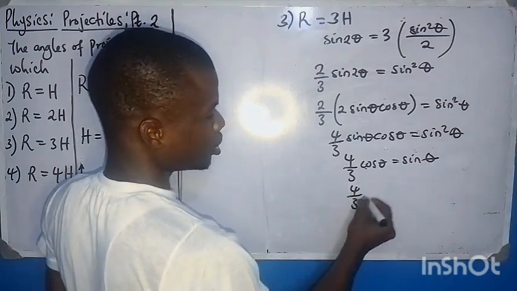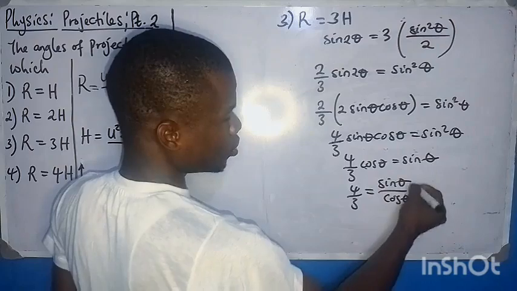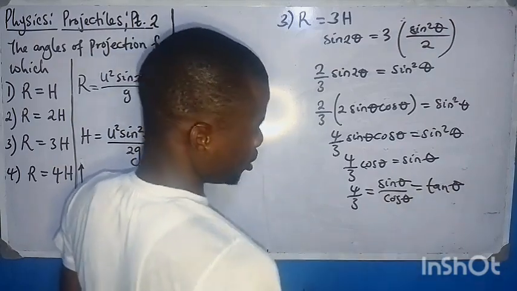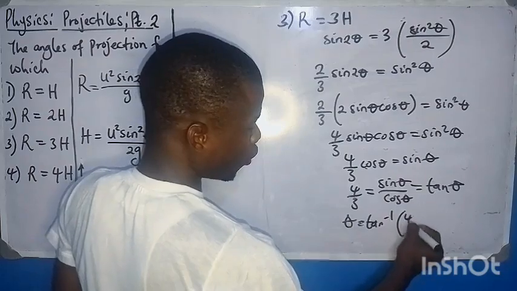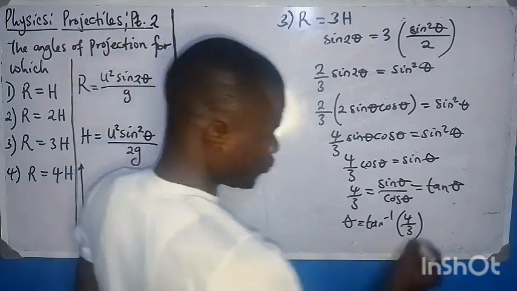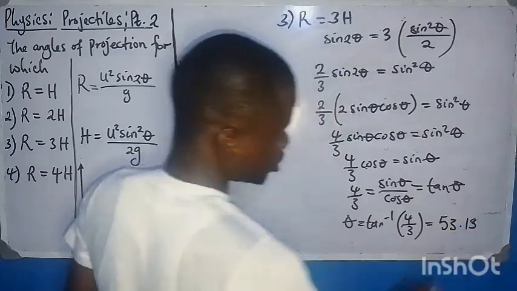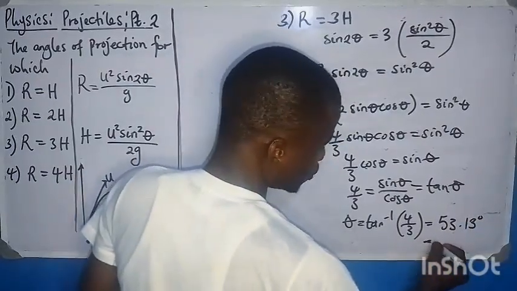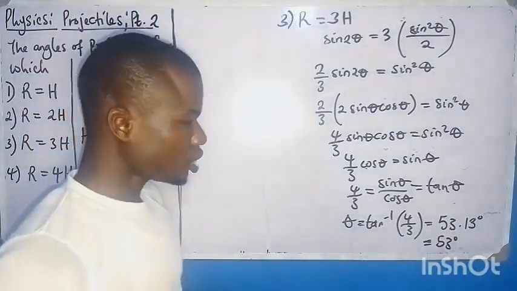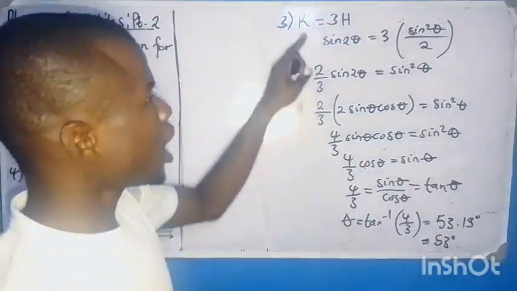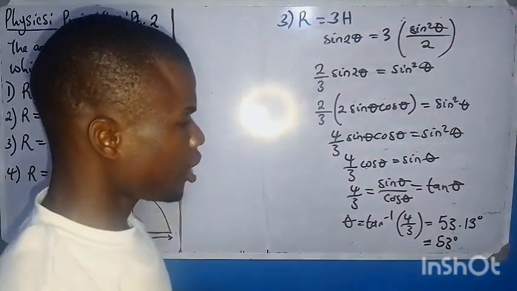And 4 over 3 is equal to sine theta divided by cosine theta, which will give us tan theta. And from here, theta now becomes tan inverse of 4 over 3. And the tan inverse of 4 over 3 will give us 53.13 degrees, approximately 53 degrees. So at 53.13 degrees, our range is 3 times the maximum height.